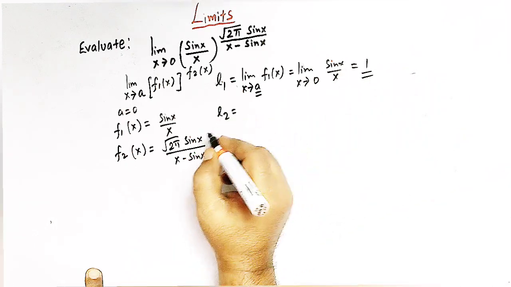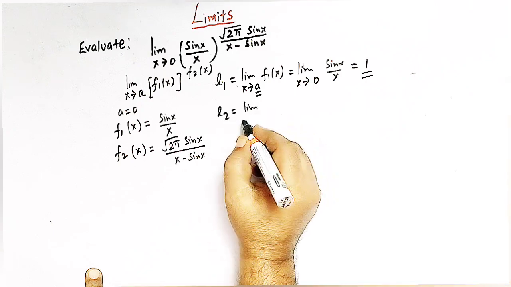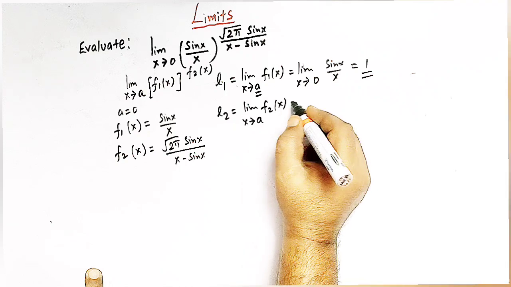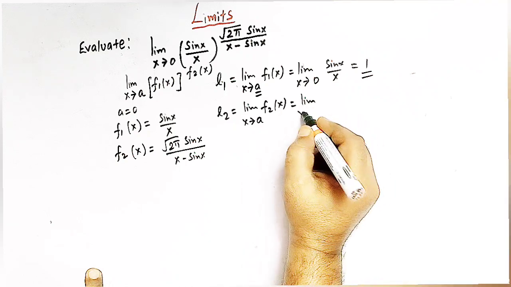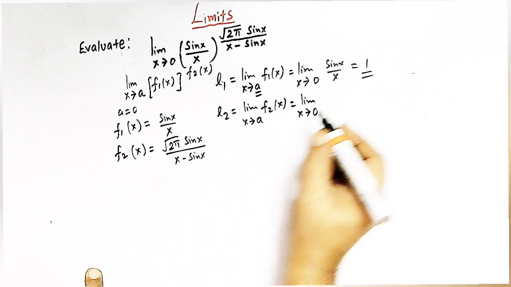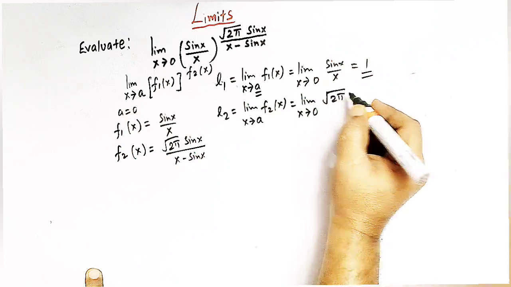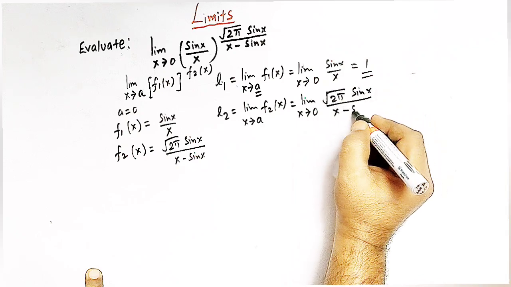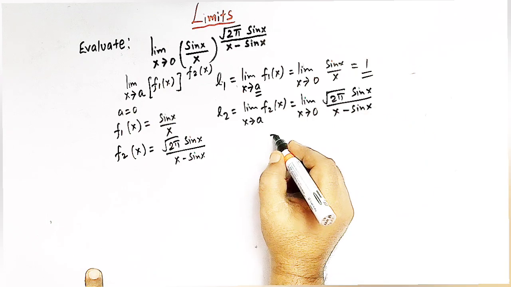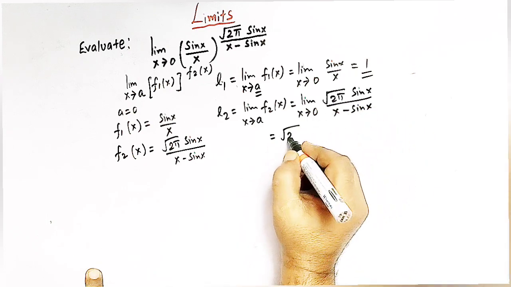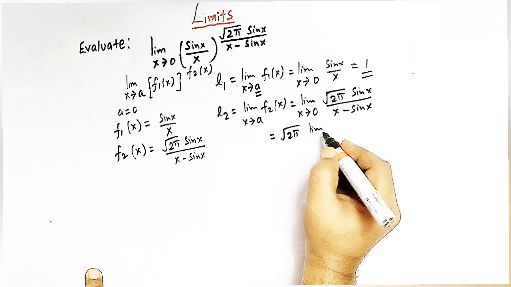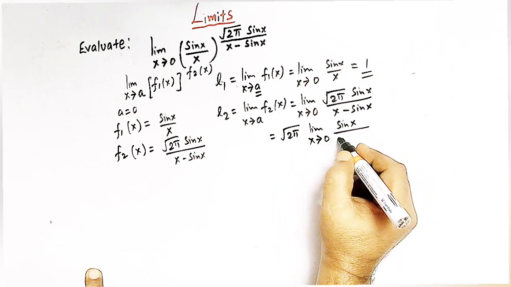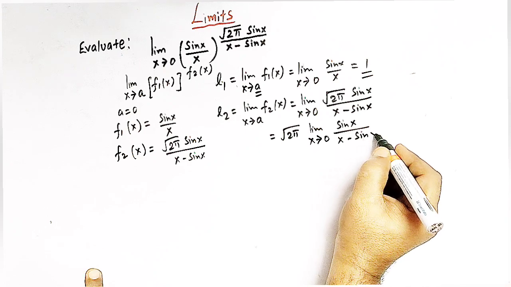And the limit L2 is limit x tends to a f2(x), and here we have limit x tends to 0, and f2(x) is square root of 2 pi sine x divided by x minus sine x. So we can now write square root of 2 pi limit x tends to 0, and here we have sine x over x minus sine x.